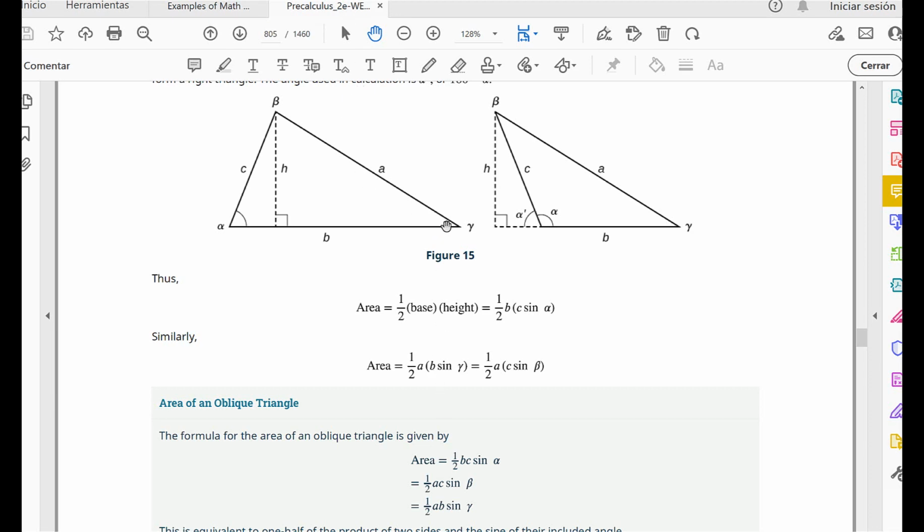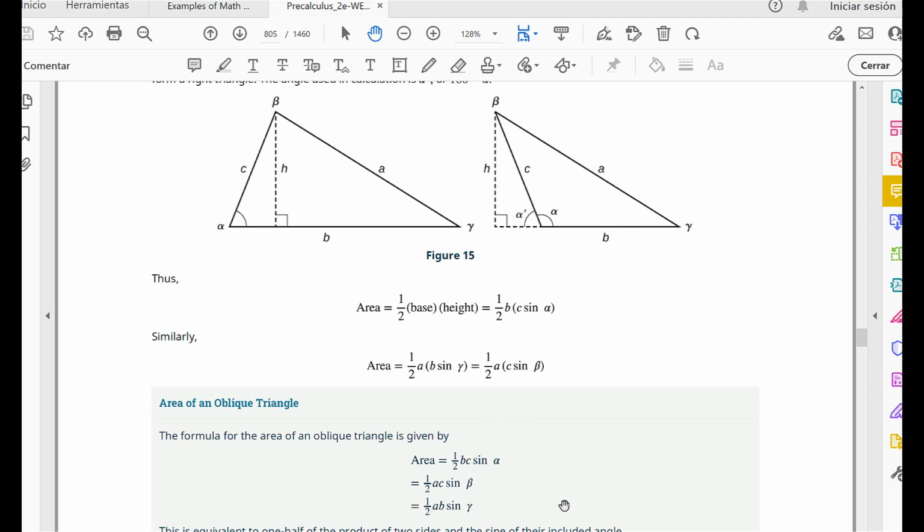And you will see the formula of the area is 1/2 of the product of two known sides of the triangle times the sine of the angle whose sides are those known sides. It says 1/2 of the product of the sides times the sine of the angle whose sides are A and B. A times B times the sine of this angle divided by 2.